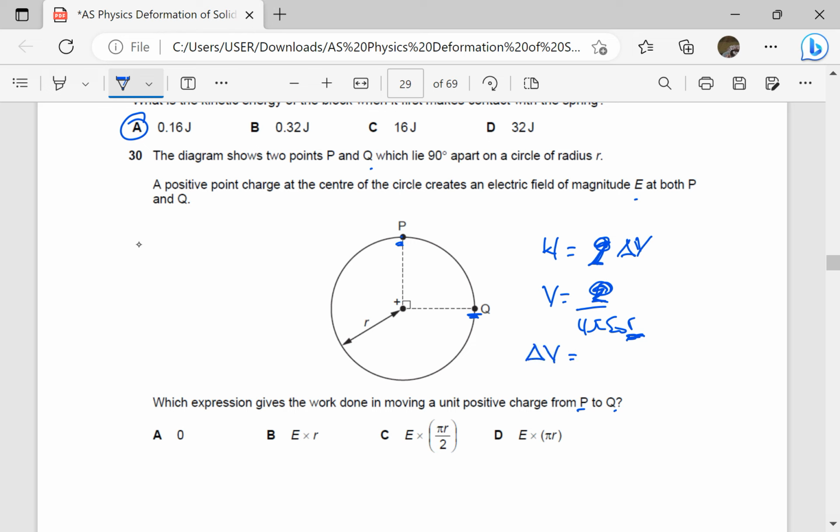So when I move from Q to P or P to Q, the difference in potential is 0. And since work done is the small charge times the difference in potential, the work done is going to be 0. So our answer would be A. But I say this question is out of the syllabus. This would be appearing in paper 4 rather than paper 2 or paper 1.